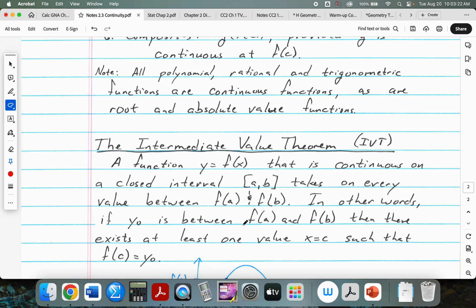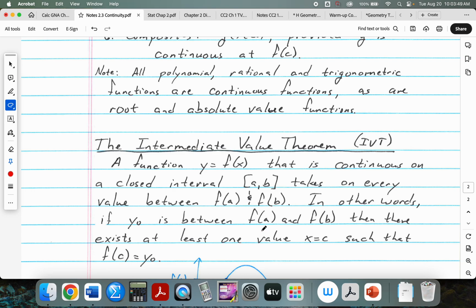Well, the function's not defined there, so we don't care about those. Trig functions are all continuous functions. Or again, as I would prefer to say, they're all continuous on their domain. I think that's a fairer way to say it. As are root functions and absolute value functions.